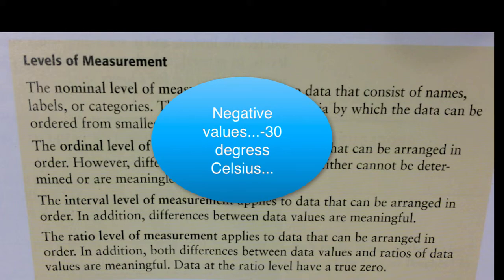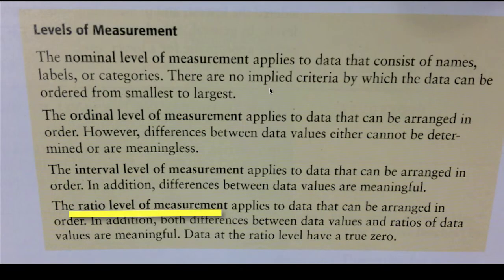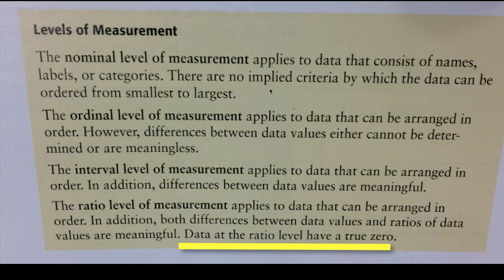That's extremely cold. Let's go to the ratio level of measurement, which applies to data that can be arranged in order, and both differences between data values and ratios of data values are meaningful. Data at the ratio level will have a true 0. And that's my way of being able to tell if it's a ratio level of measurement.